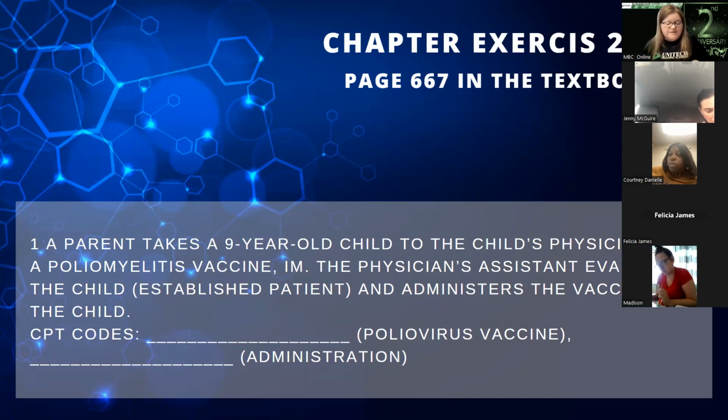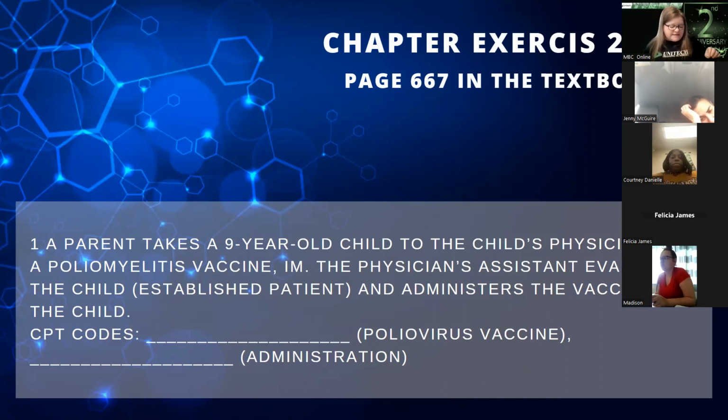So what that says is anytime we give a second vaccine or more, we're going to list 90461 with each of the vaccines that we administer. And that is for those under 18. Immunization administration through 18 years old.